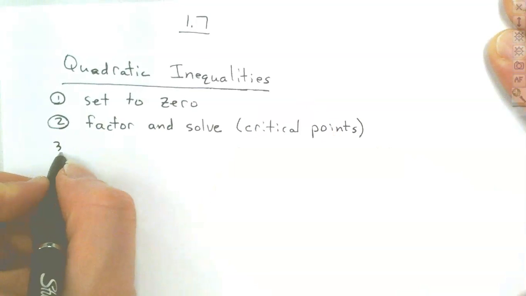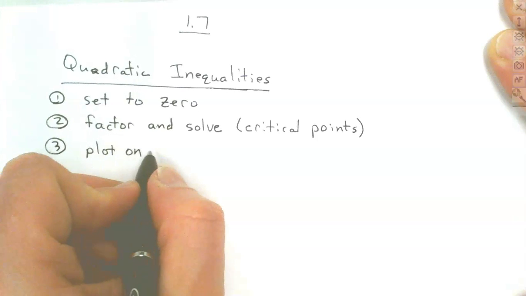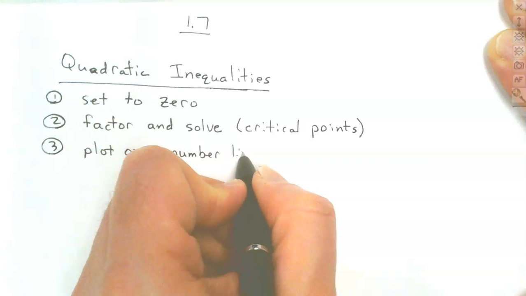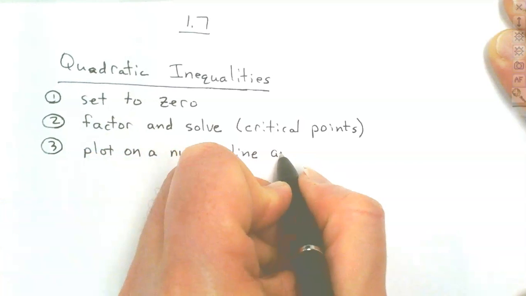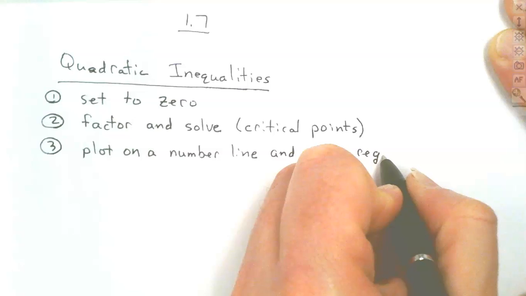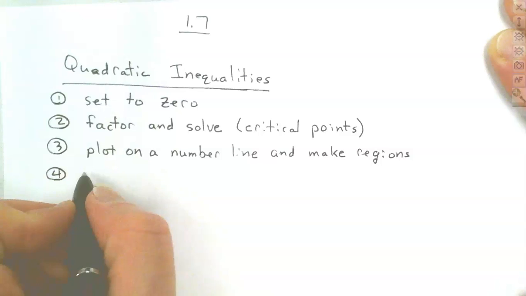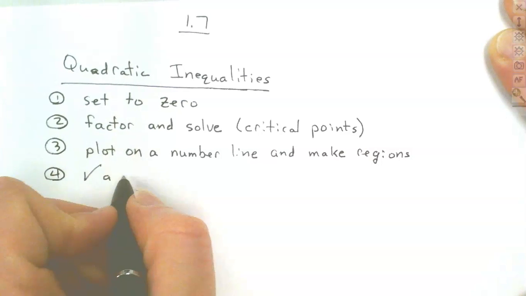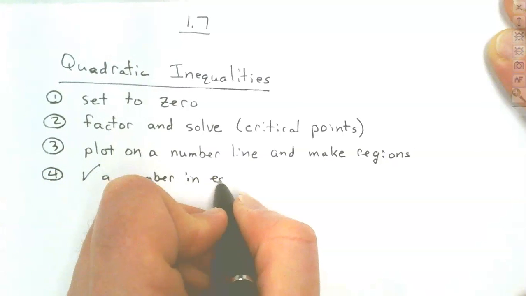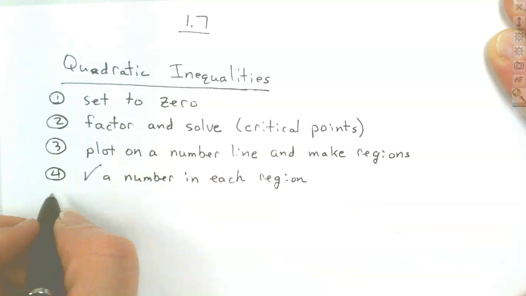Then we're going to plot them on our number line and make regions. Then we'll check a number in each region. And then we're going to shade where they're true.